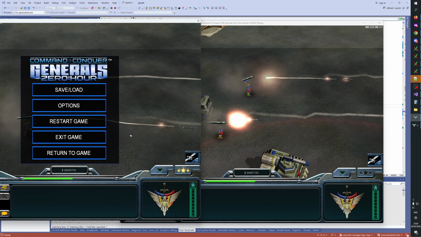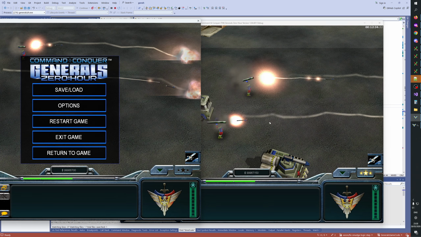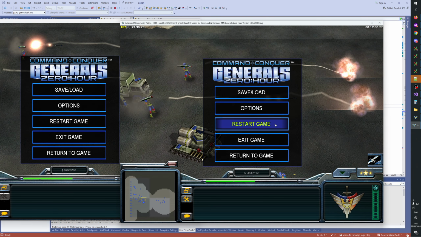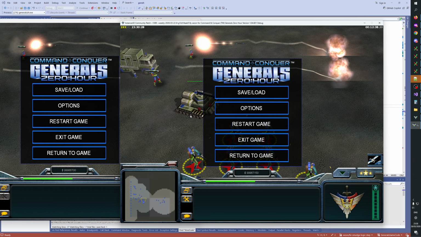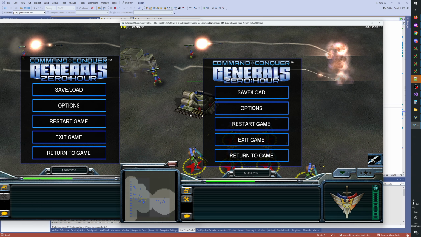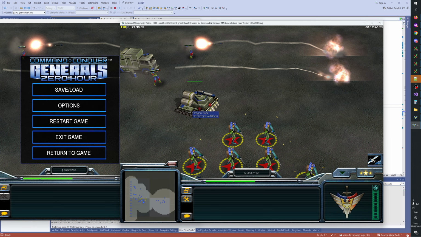Can we pause it? So this is about the same position, right? If we look at these guys, the rocket is here.